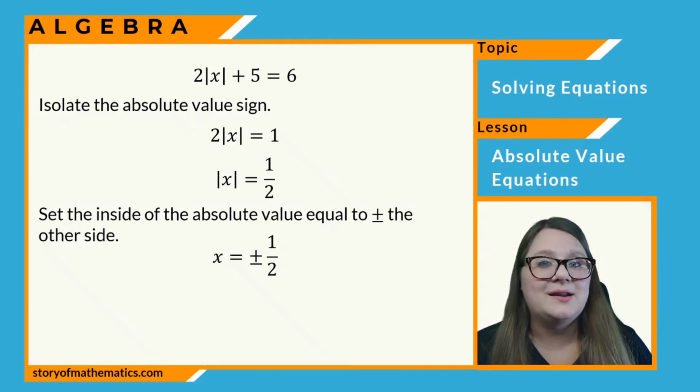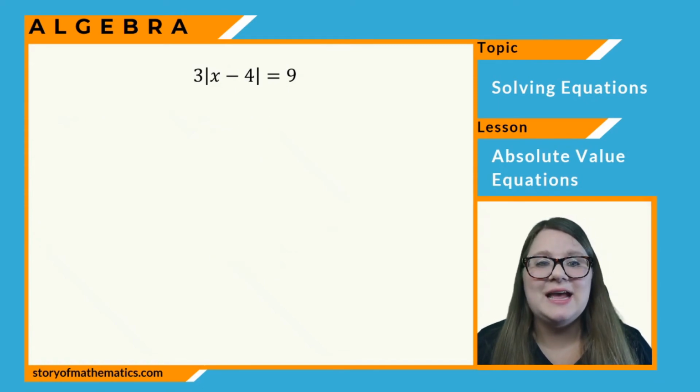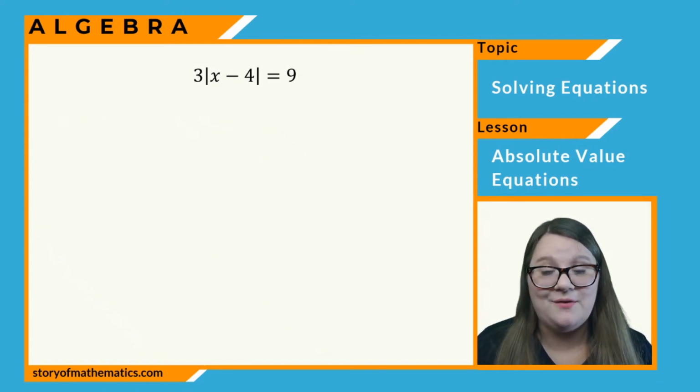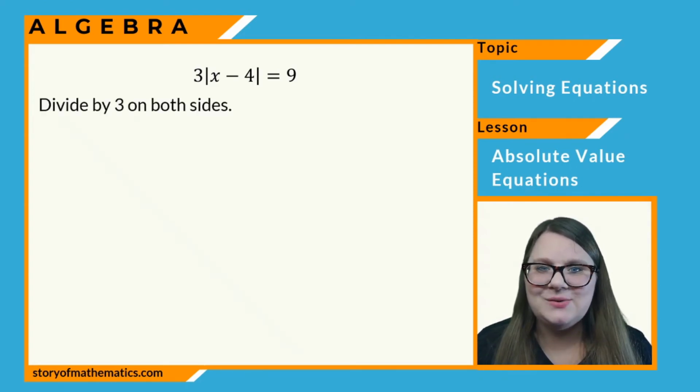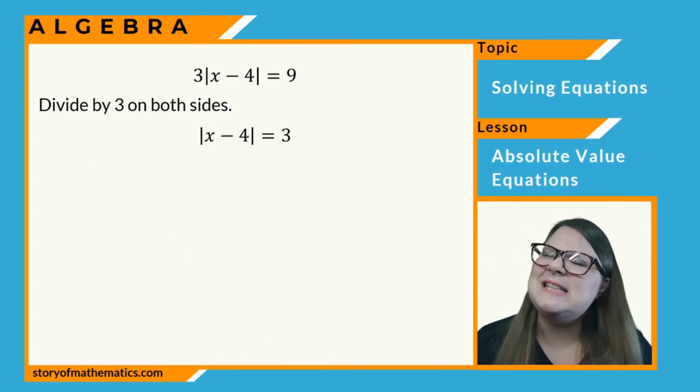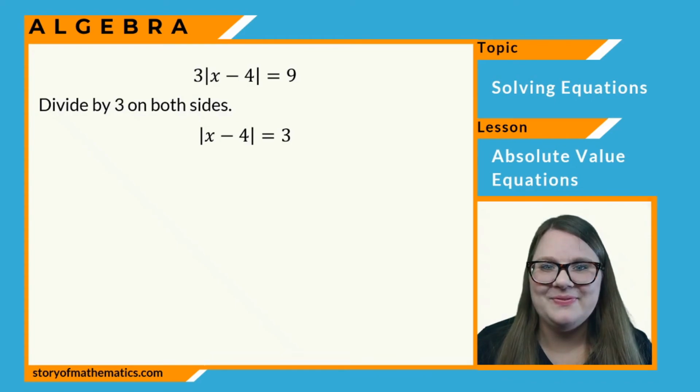But let's take a look at another problem that would involve a few more steps. So let's say I have 3 times the absolute value of x minus 4 equals 9. In this case, to get the absolute value by itself, I need to divide by 3 on both sides. That's going to give me the absolute value of x minus 4 equals 3, because 9 divided by 3 was 3.